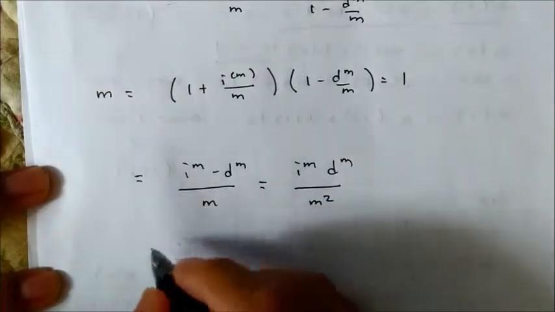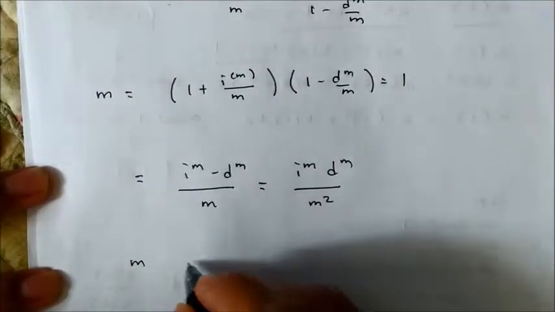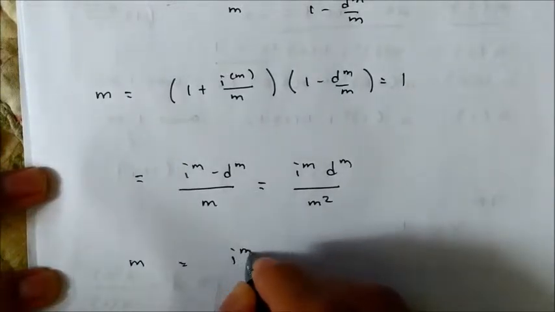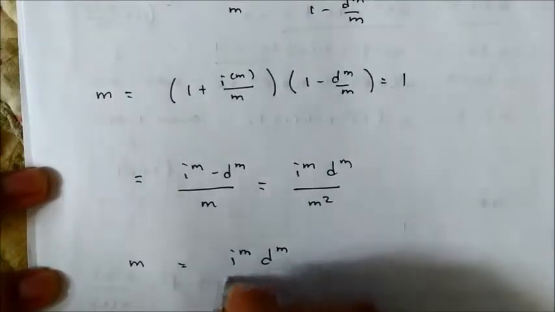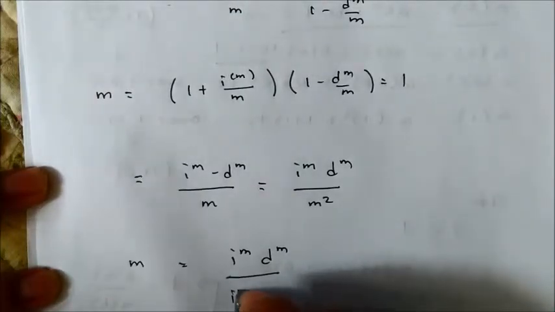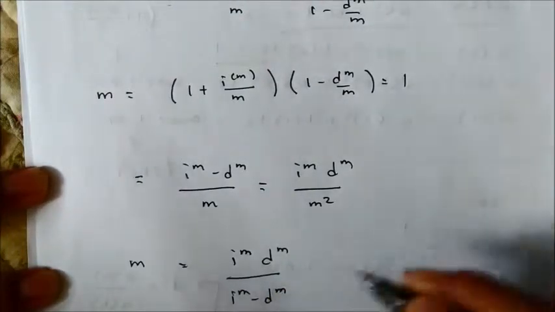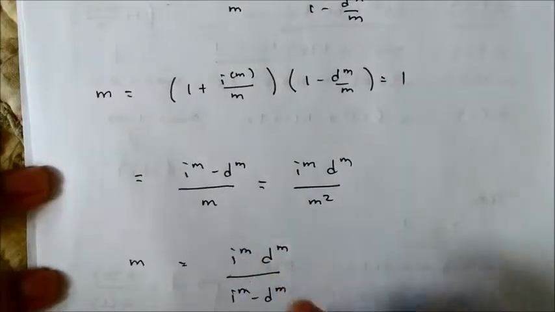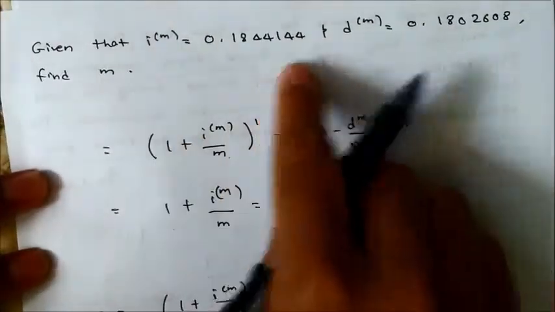Therefore, to find m, we will get i^(m) times d^(m) over i^(m) minus d^(m). Note that the values of i^(m) and d^(m) are already given here.